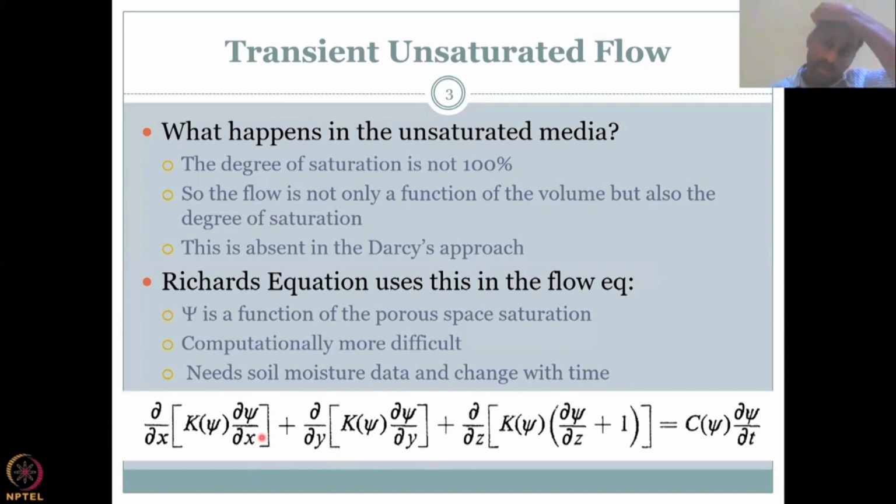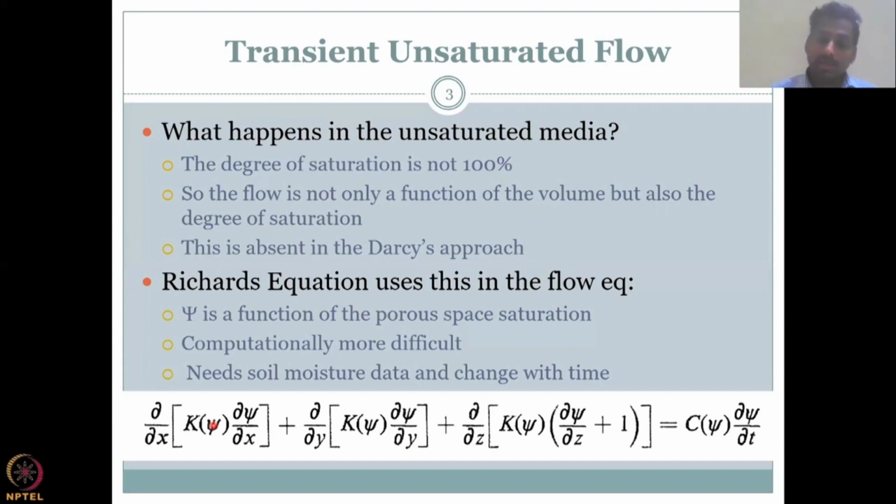The hydraulic head is also introduced into it. So the psi here gives you the degree of saturation, and also it is a function of the saturation in the porous media. In other words, you could look at it as, if the saturation is high, there will be flow occurring. Suppose the saturation is 0, psi goes to 0, and all this collapses. You're saying that Q is 0.